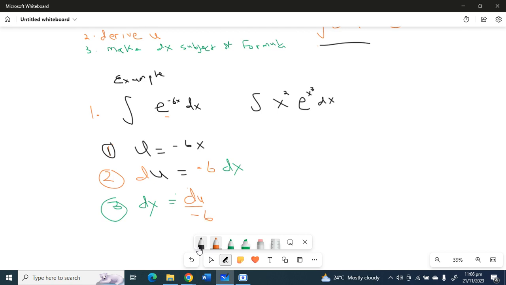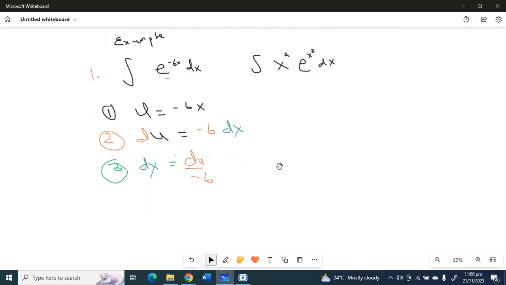So we go back to our original question. We're going to substitute negative 6x with u, and we're going to substitute dx with du over negative 6. So it's going to look like this.